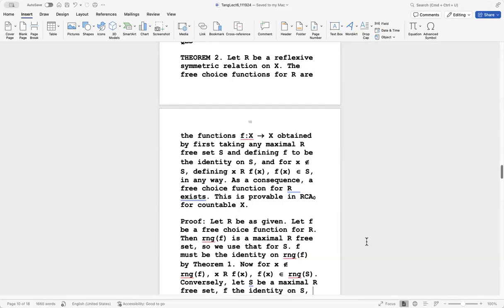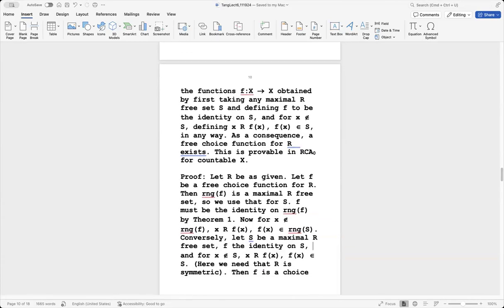And for each X not in range F, X R F of X can be chosen by the definition of free. And I think there I need symmetry also. Maybe I said it in the wrong place, or need it in both places. You need that R is symmetric.